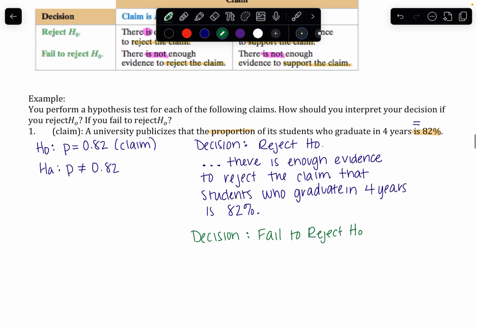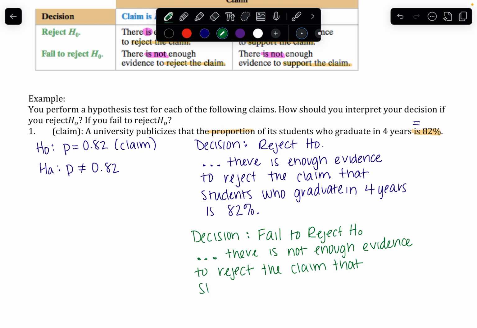So we have the information we haven't been provided with yet, and then there is not enough evidence to reject, and we're rejecting because our claim is in our null hypothesis. So we're rejecting the claim that students who graduate in 4 years is 82%.